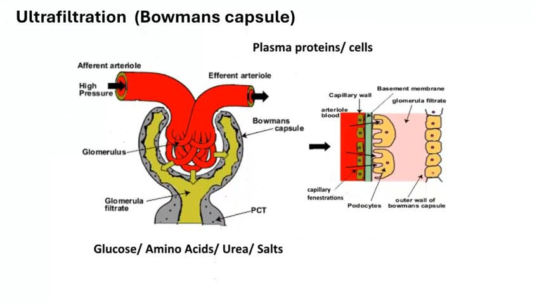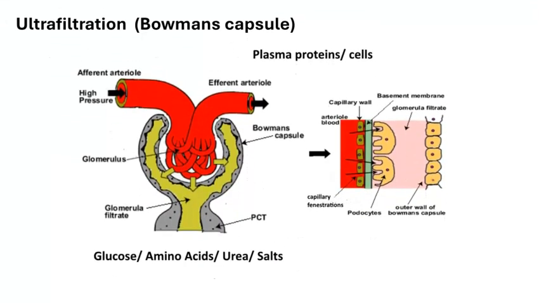Ultrafiltration is a process which takes place in the nephron structure known as the Bowman's capsule. Blood entering the Bowman's capsule enters in the afferent arteriole and is already under high pressure. Blood which exits the Bowman's capsule is in the efferent arteriole, and the important point here is that the lumen, the space through which the blood is flowing, in the efferent blood vessel is narrower.